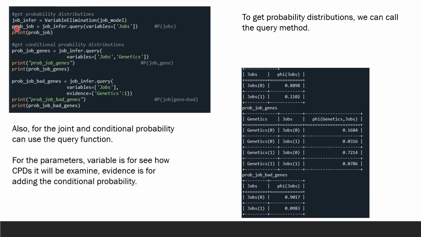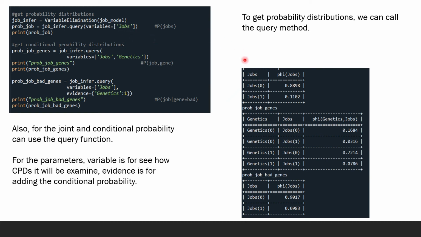So basically just define a new variable. Probability of job is equal to job underscore inference that we assigned before, dot query, round bracket, variables equal to, in the square bracket with the string job.